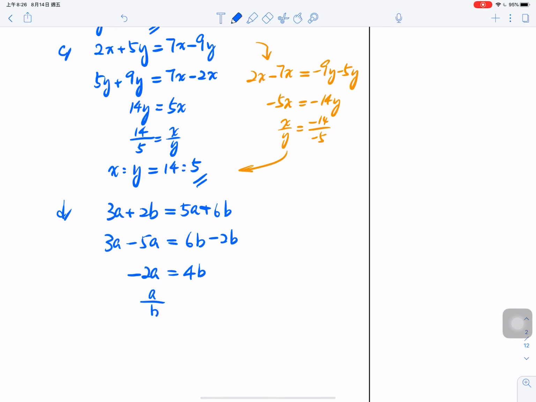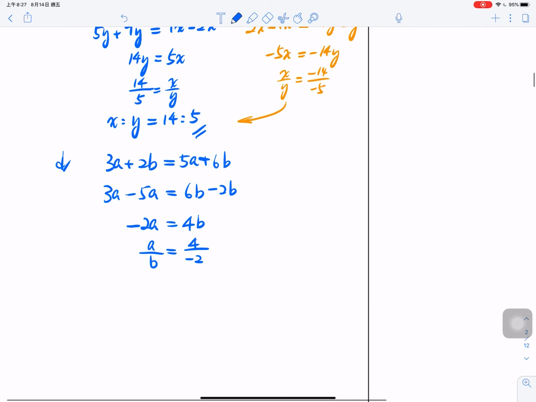So what is a over b? 4 over negative 2. Then you get that. 2 to negative 1. A to b equals 2 to negative 1. Or you write a to b equals negative 2 to 1. Okay? Both correct.